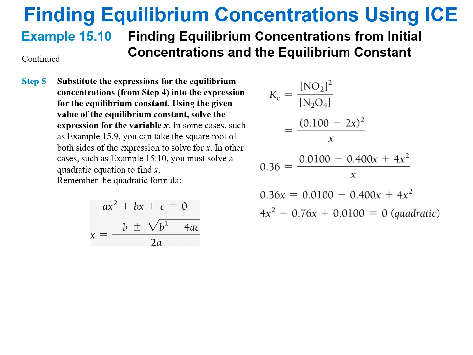All right, now we can isolate x using this formula right here. So what this means is that we have to look at our 4 as our value of A, our 0.76 as our value of B, and 0.01 as our value for C, and we'll plug those values in right there.